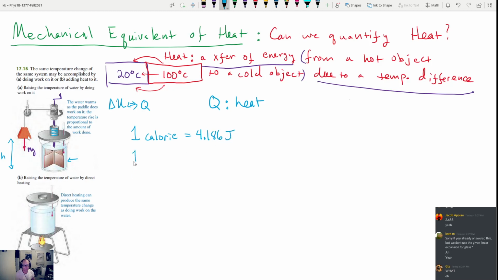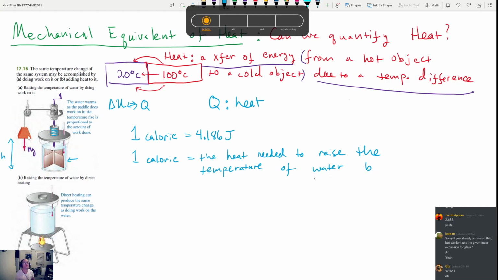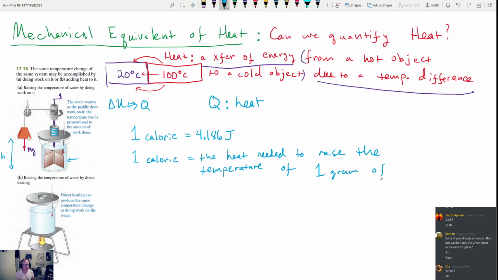And the definition of a calorie is that 1 calorie is the heat or the energy needed to raise the temperature of 1 gram of water by 1 degree Celsius.